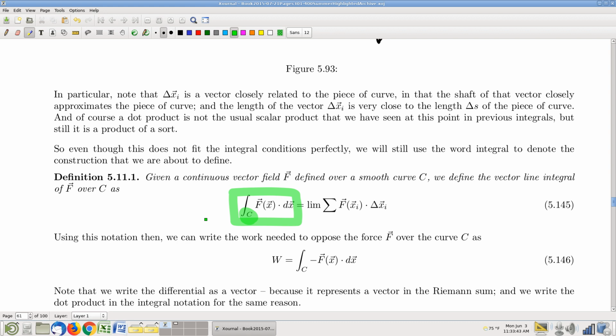So this is what I like to call a vector line integral. Both are line integrals, but the vector prefix is intended to emphasize the differences. The differential is a vector. The integrand is a vector.